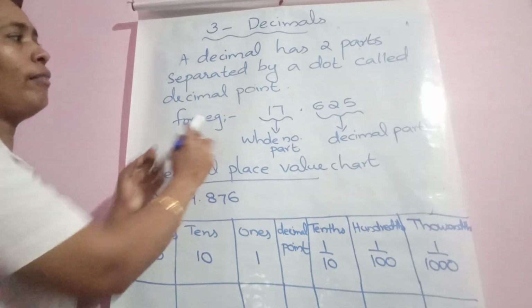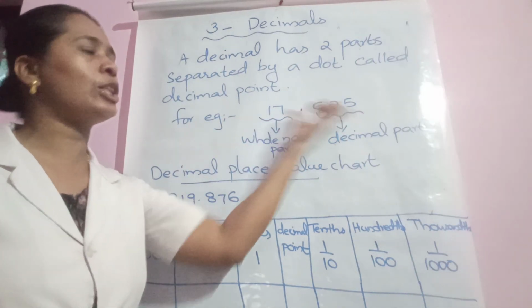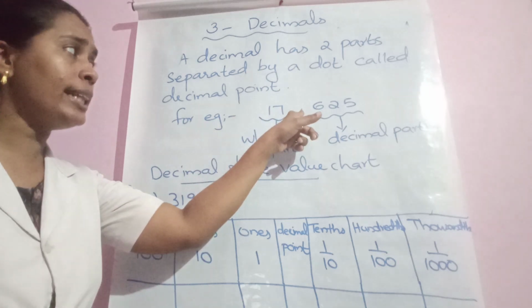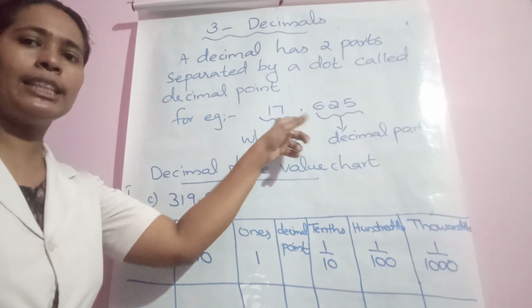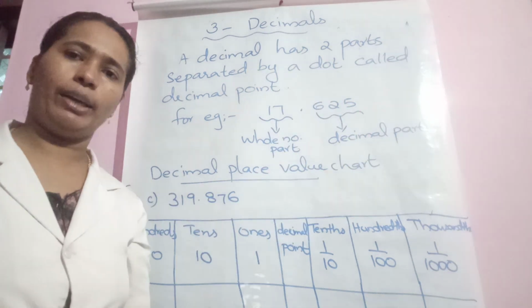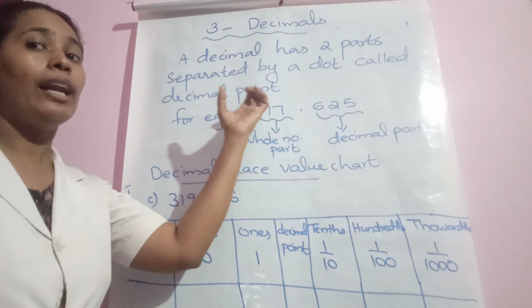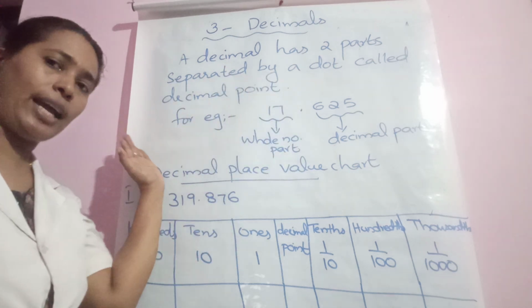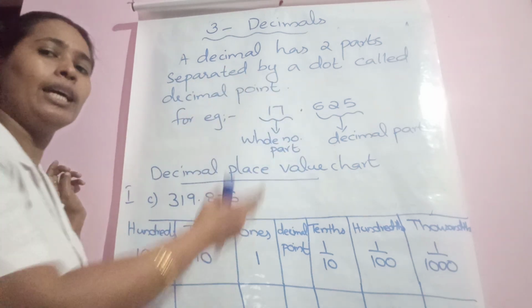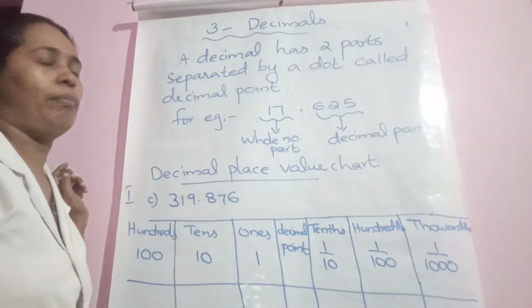For example, consider the decimal number 17.625. See, this is the decimal point. It separates two parts: one side is 17, the other side 625. The number lying on the left side is called the whole number, and the number lying on the right side is called the decimal part.